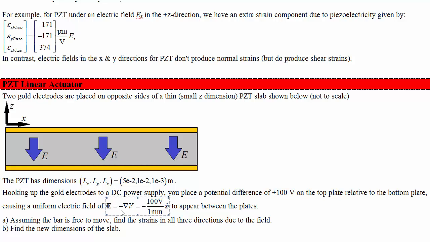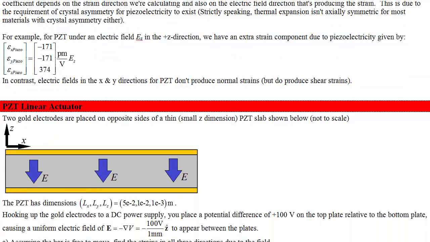Electric field, you may remember, is equal to negative the gradient of the electric potential. So it's negative 100 volts per millimeter in the Z direction. Assuming that the bar is free to move, meaning that there's no stress applied on any of the faces, find the strains in all three directions due to this field, and find the new dimensions of the slab.